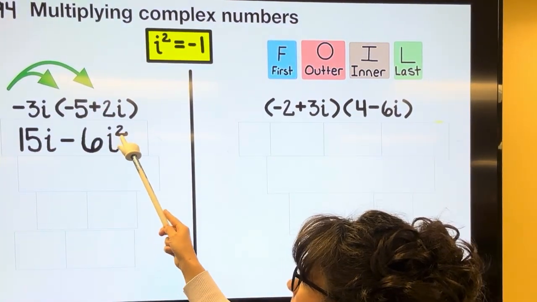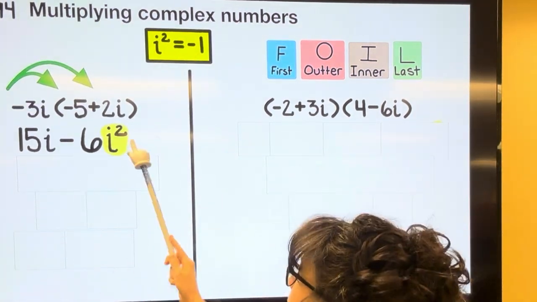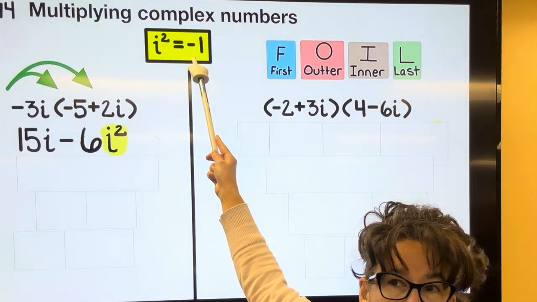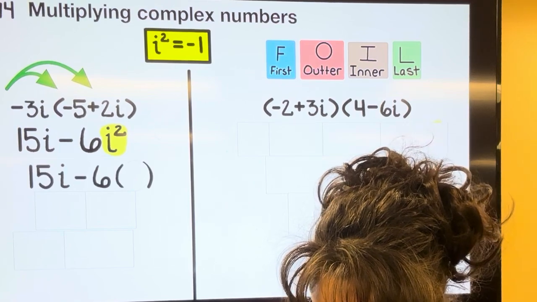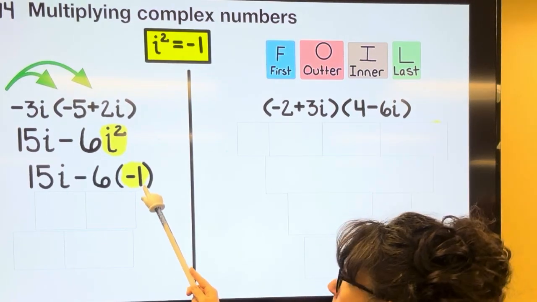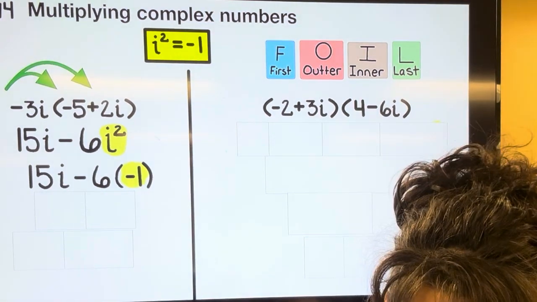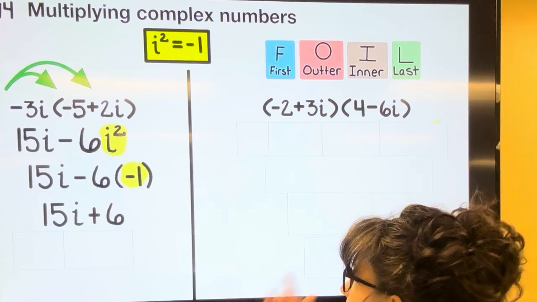So this i to the second power, that needs to be replaced with -1. So if I replace that i squared with -1 and keep going, -6 multiplied by -1 is positive 6, and then bring down the 15i.